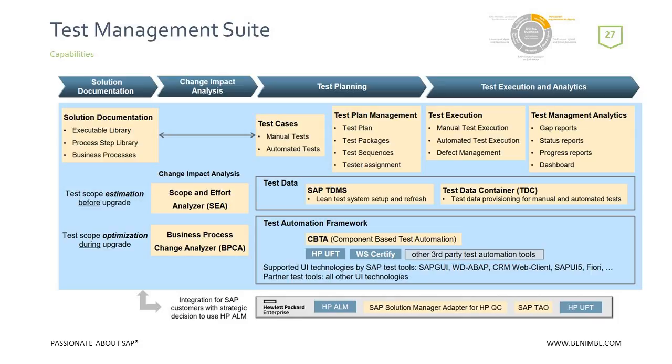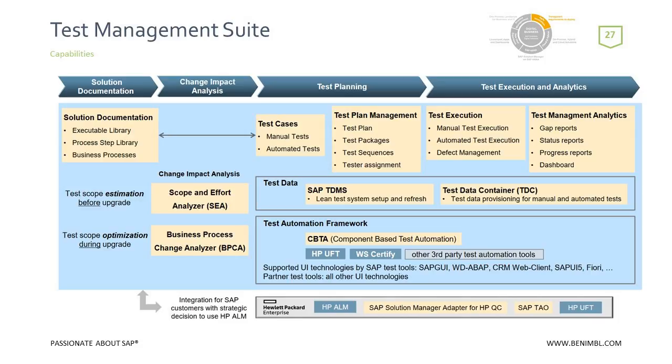management has always been there in Solution Manager. So you can create a test plan, break it out into packages, assign it to testers, sequence the execution of those test scripts, automate the execution of those test scripts, and then the reporting and analytics has always been there.